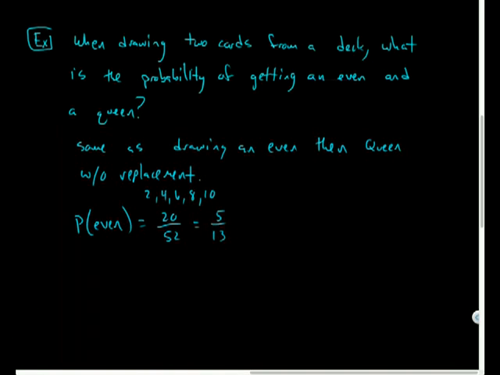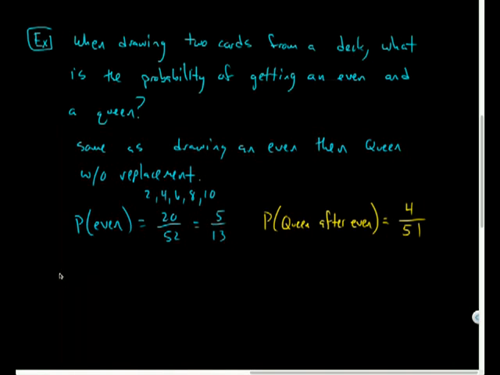And now let's figure out the next probability, which is the probability of a queen after we drew an even. So the deck has changed, right? There's one less card in it. So how many queens are there? There's 1 per suit, 4 suits, so 4 queens. And there is 1 less card in the deck, so 51 is what we've got.